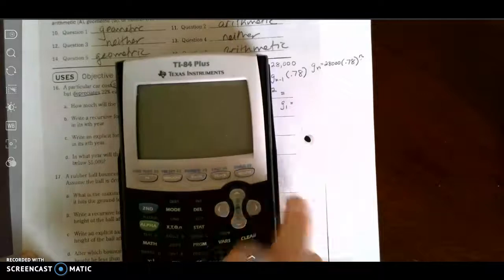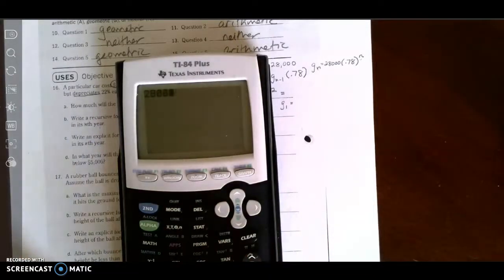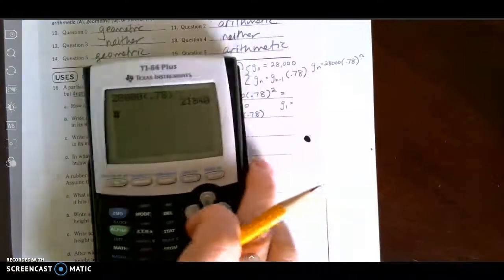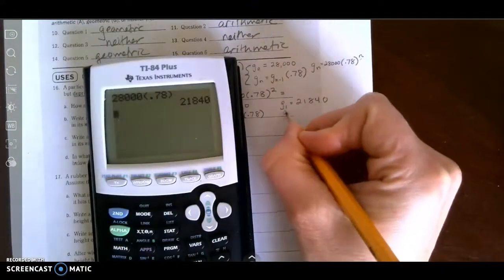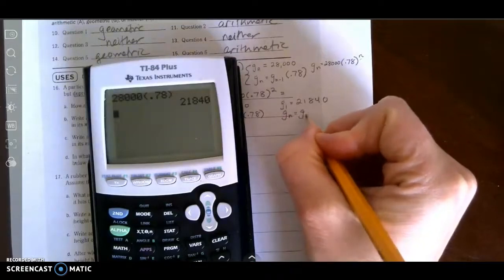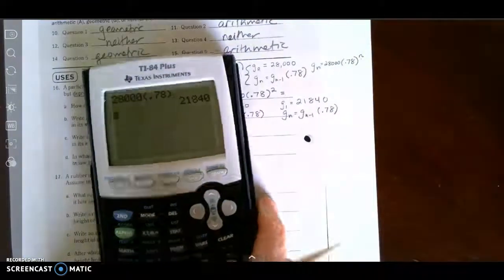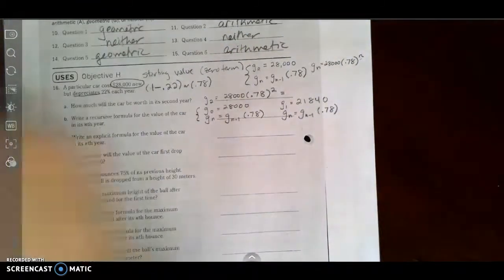So I'd have to take the 28,000 and multiply it by the 0.78. And that's the value of the car after the first year. And then I could say G sub n is the previous term times 0.78. So I can write my recursive formula either way.